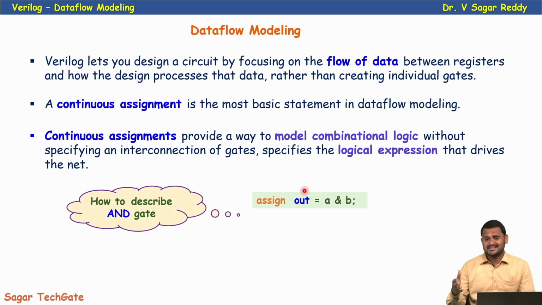That is exactly what we need for combinational circuits, which is why we call this a flow of data among the different signals.